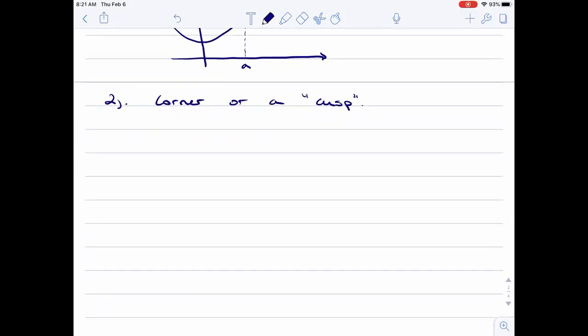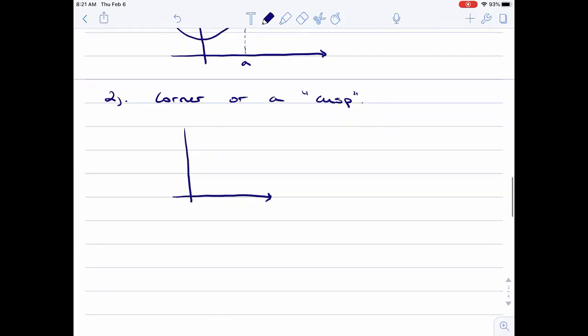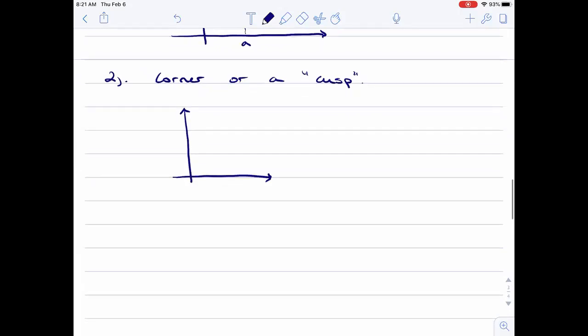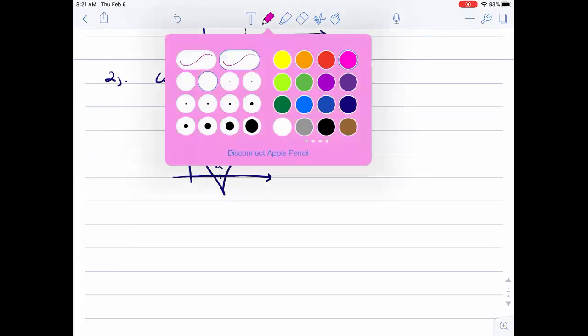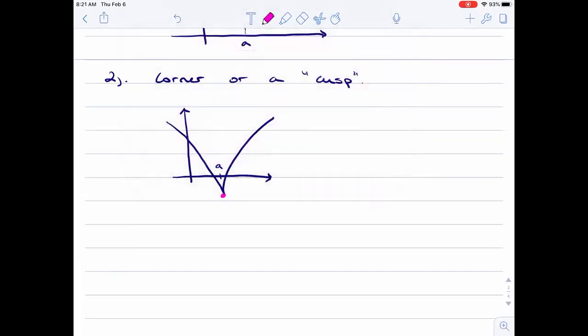I'd say this is probably the most common way that it doesn't exist. So I'll show you two ways. If you've got something like this at a, and you're trying to put a tangent line here, it could go any way.